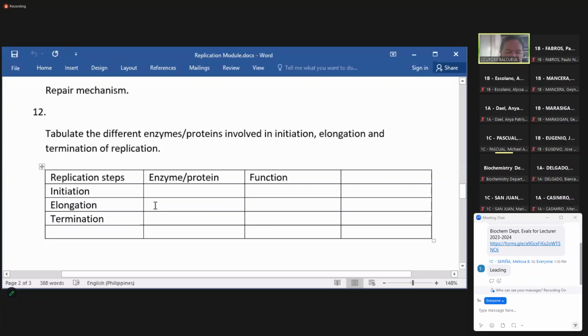Delta and epsilon. Okay. Function? Add nucleotides po to the growing strand, 5' to 3' po. Anong tawag mo doon sa enzyme? Leading strand po.